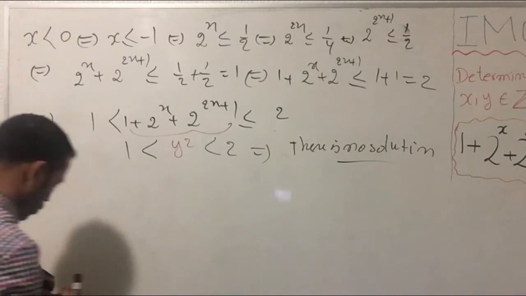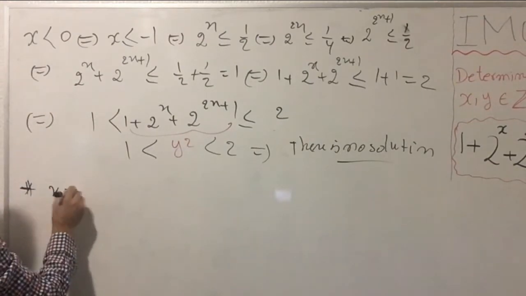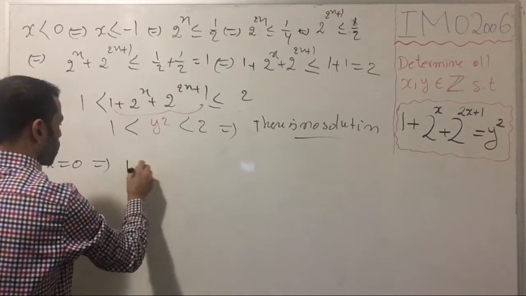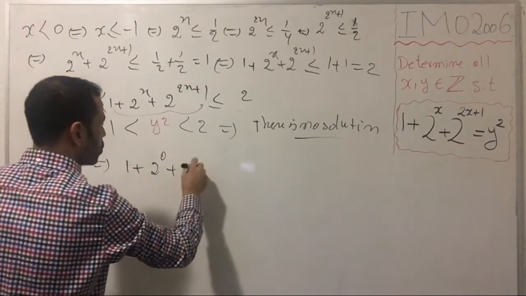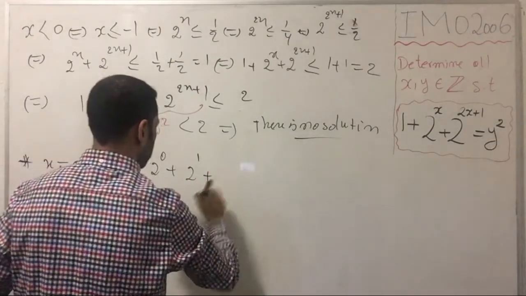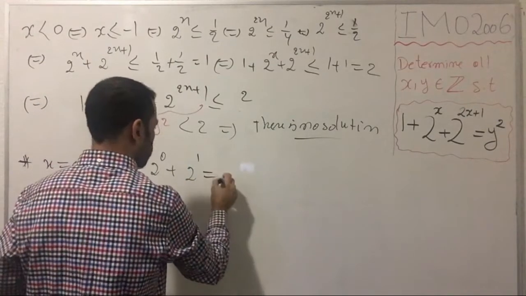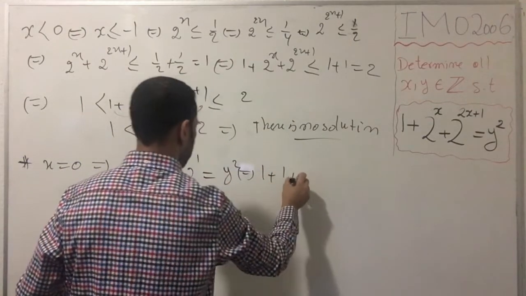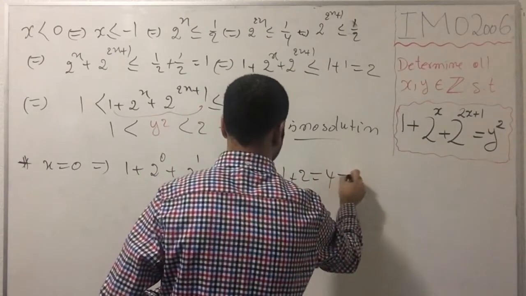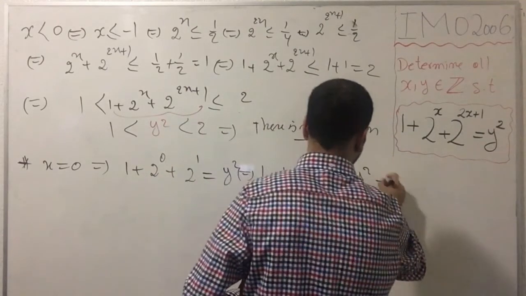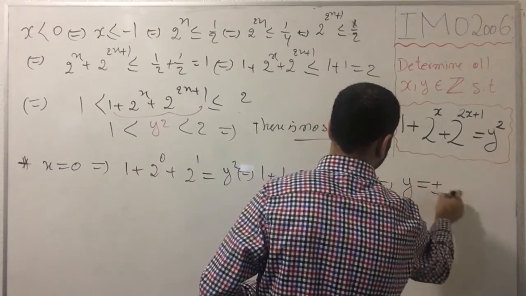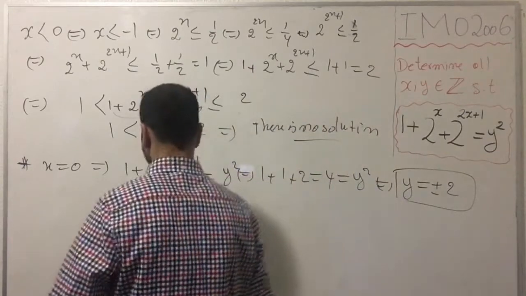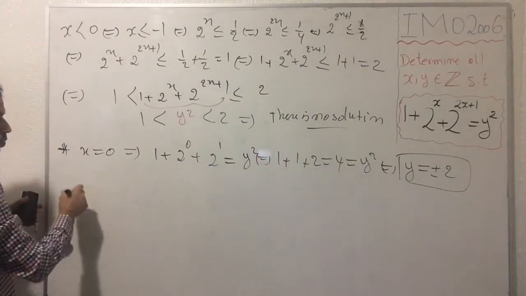Let's take another case, when x equals 0. This implies 1 plus 2 to the 0 plus 2 to the 1 equals y squared, which is 1 plus 1 plus 2 equals 4, so y squared equals 4. That means we have two solutions, y equals plus or minus 2.